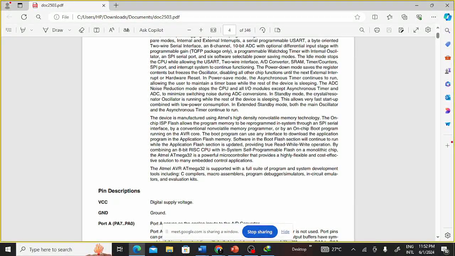Why do I need to read the datasheet of any component I'm going to use? One, datasheets contain all the information that you need to know about the processor or the component in question. So for an embedded systems engineer, it is like our lifeline.